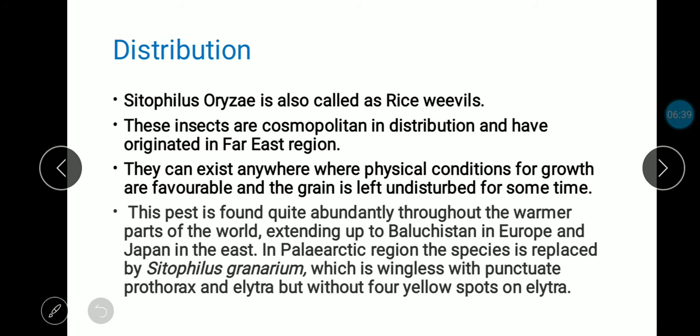This pest is found quite abundantly throughout the warmer parts of the world, extending up to Balochistan in Europe and Japan in the east. In the Palearctic region, the species is replaced by another species, Sitophilus granarium, which is wingless with punctuate thorax and elytra, but without 4 yellow spots on the elytra. Means a different species is developed in the Arctic region.